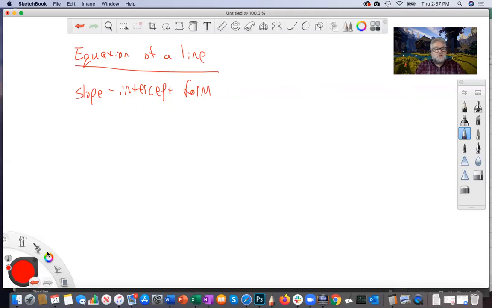And this equation you have seen before is y equals mx plus b, where m is the slope, and b is, boy, that's a cool y-intercept.